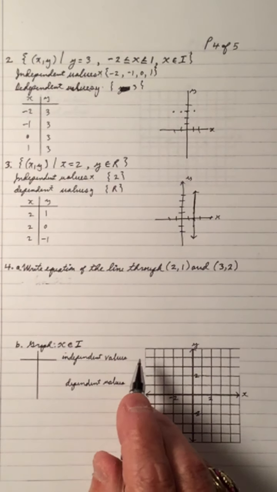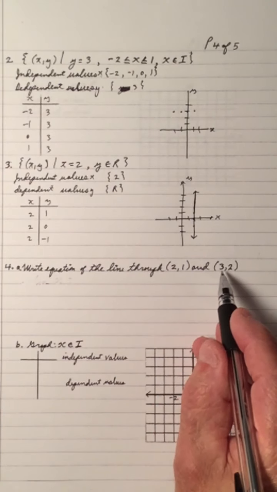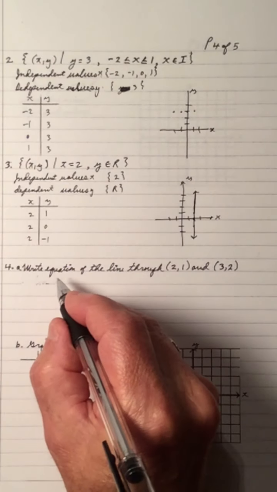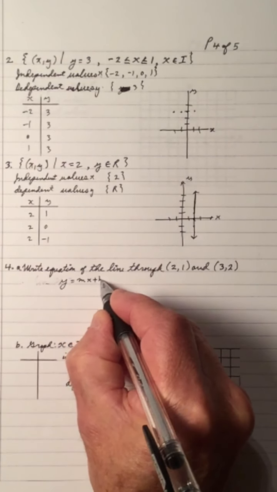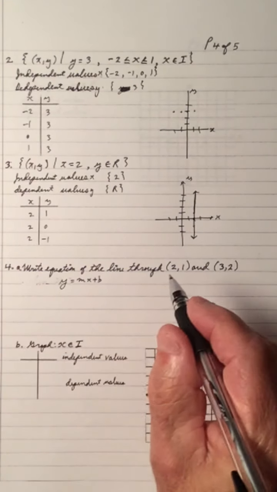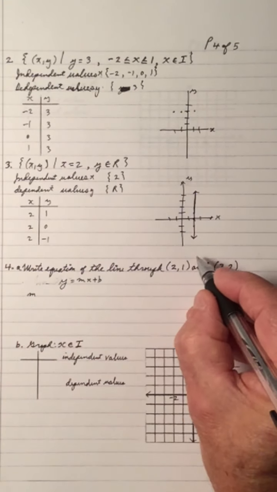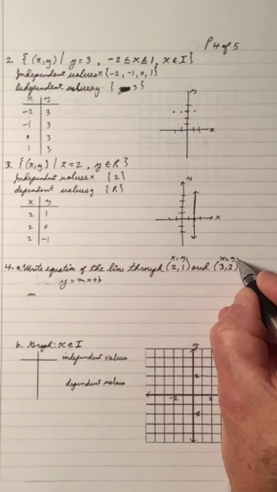Now, number 4, write an equation of the line through the points 2, 1 and 3, 2. To get an equation of a line, I'm going to use the line y equals mx plus b. I could use point-slope form. Okay, let's get the slope. Let's call this one x1, y1, x2, y2.